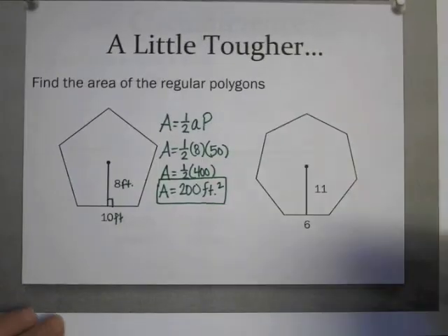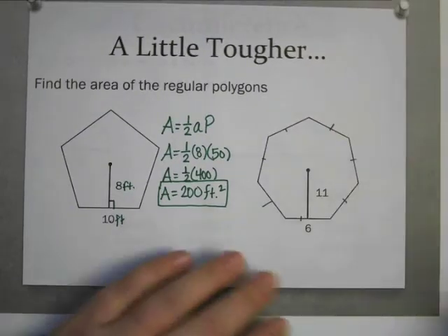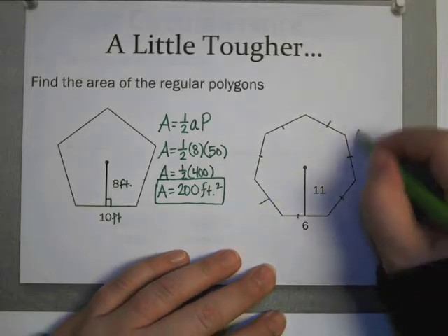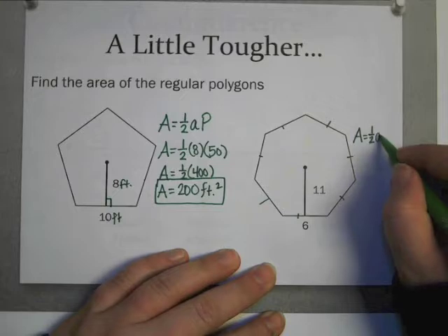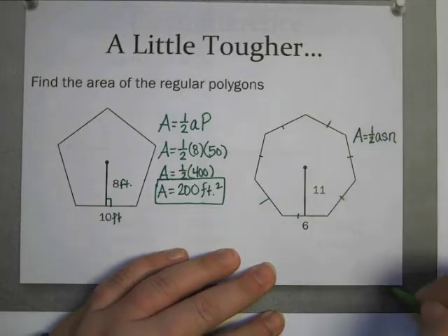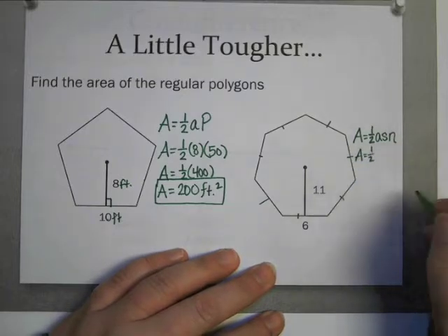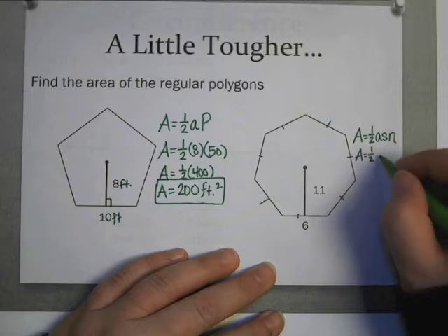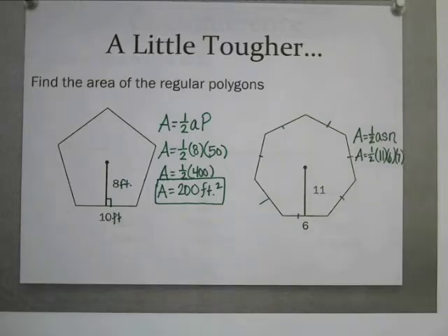All right, moving to the next one, we have a heptagon. This time let's use the other formula: 1/2, the apothem, times the side length, times the number of sides. So the area equals 1/2, the apothem, which is 11, times the side length, which is 6, times the number of sides, which is 7.